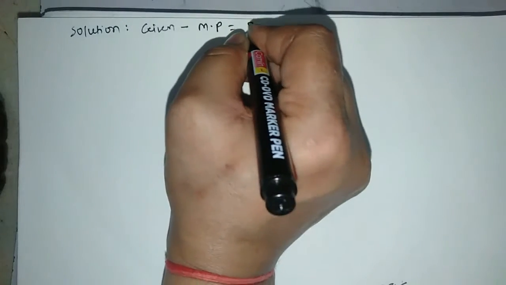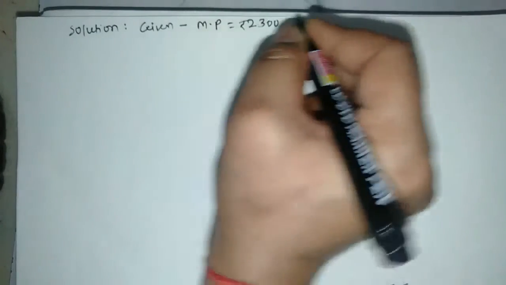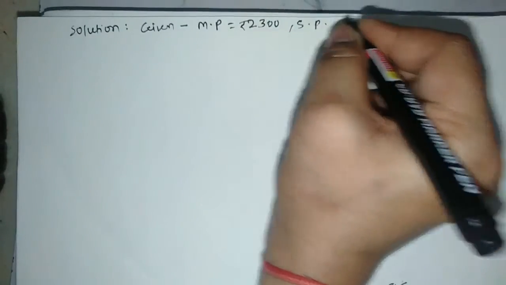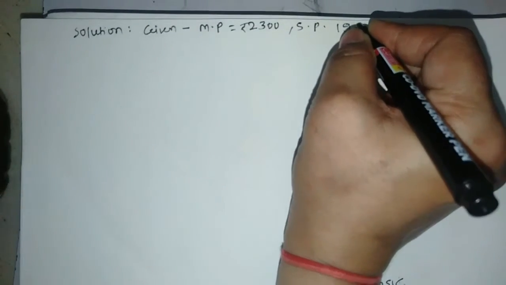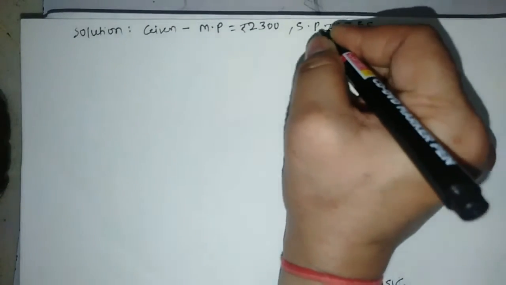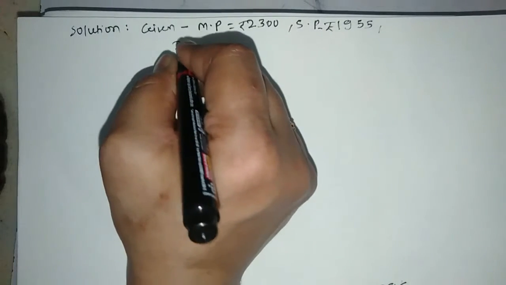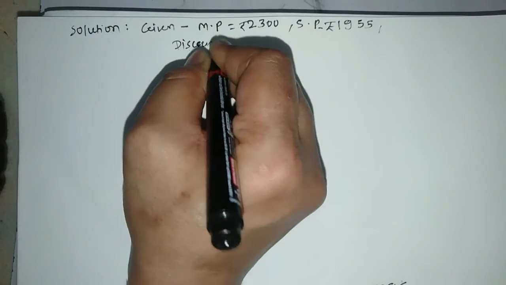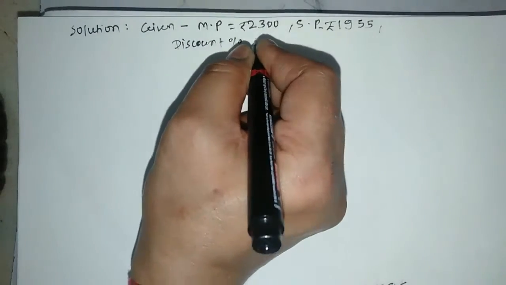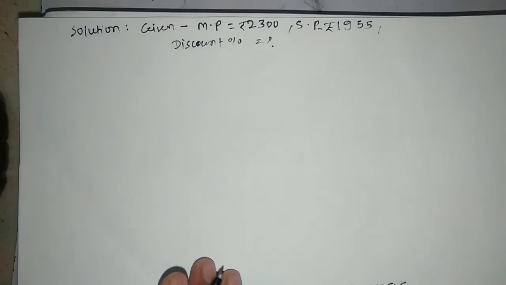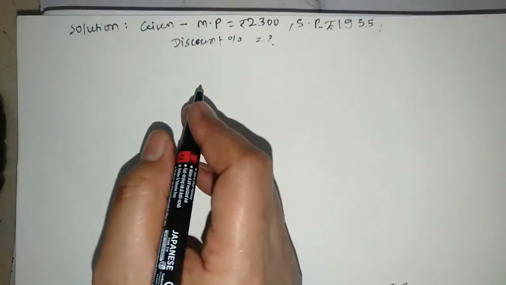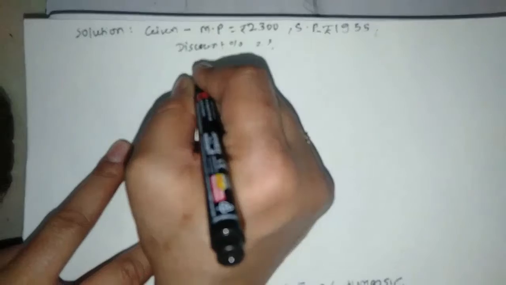Mark price is equal to 2300 rupees. Selling price is equal to 1955 rupees. And what is asked? Discount percent. So to calculate the discount percent, firstly we calculate the value of discount. So write down the formula.